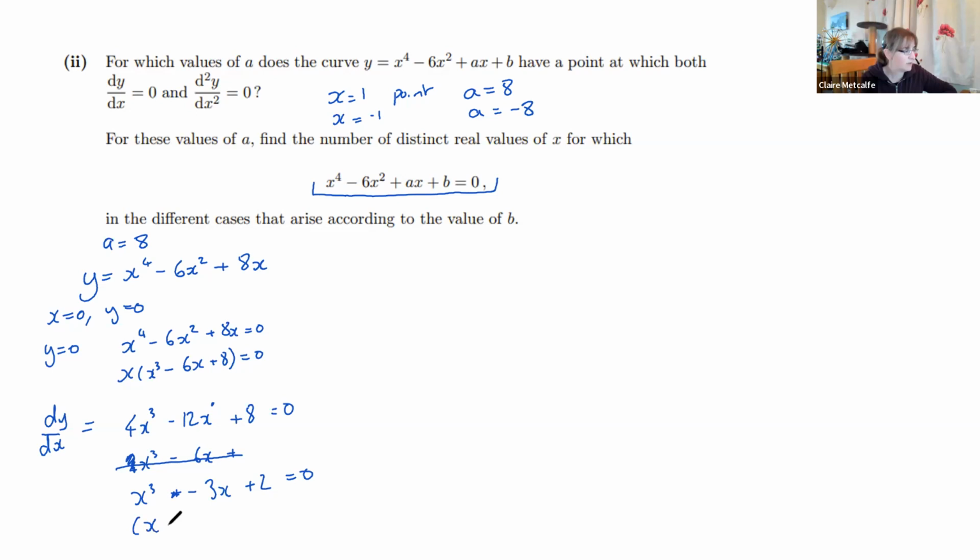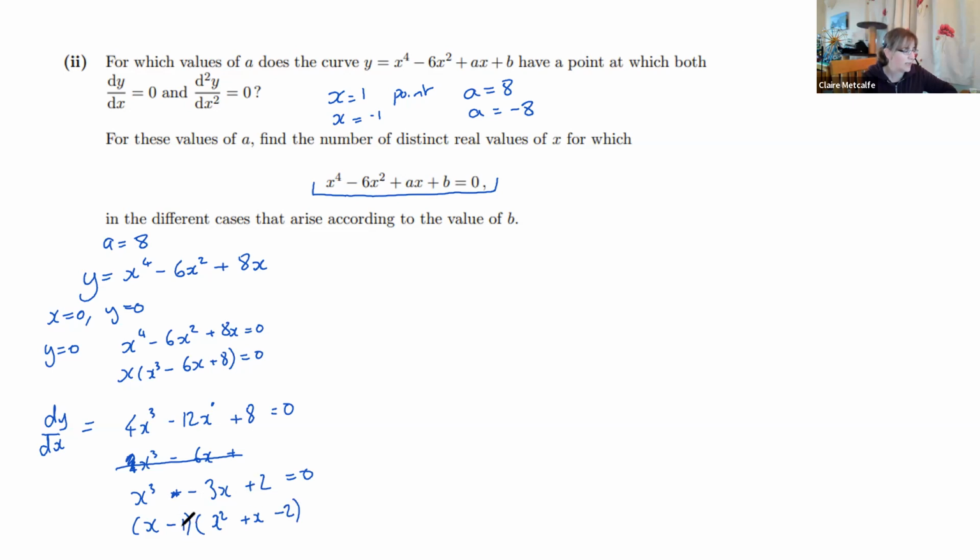So I can factorize out an x minus 1. Then I'd have to have an x squared, so that I get x cubed. This gives me a minus x squared, so I'll need to plus on an x. So I'll get a plus x squared as well. I've got a minus x. Well, I want a plus 2 here, so this is going to have to be minus 2. So that becomes plus 2.